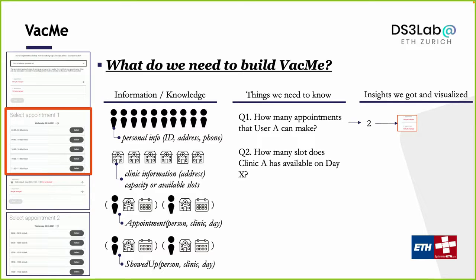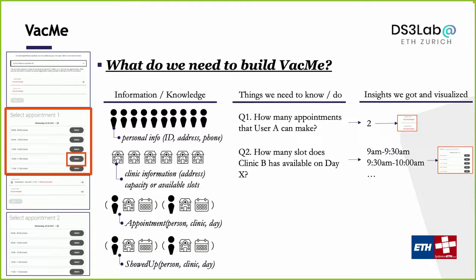Assuming I have all that information and knowledge, for this clinic I know the capacity of this clinic, I know all the available slots, and then I go through all the appointments that the different users have at this clinic on that day, and then I can give you a whole bunch of available slots that you can make an appointment on in this clinic, and then visualize it. So visualization is always another function once you have the insight. But again, you have information, you have knowledge, and then you have the things that you need to know, and then you get your insight out of it.